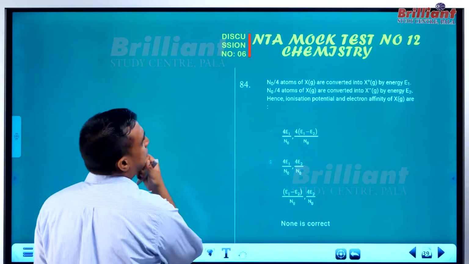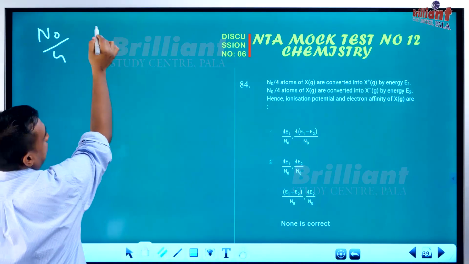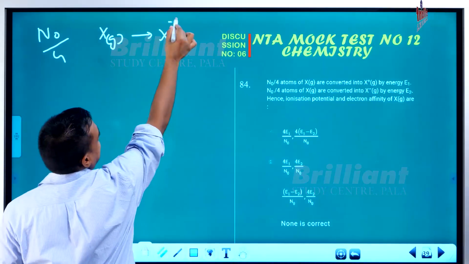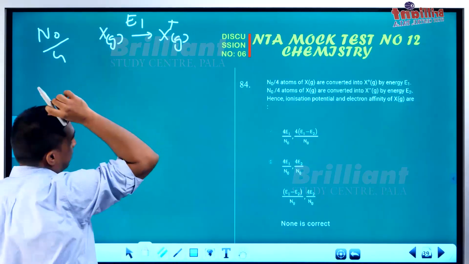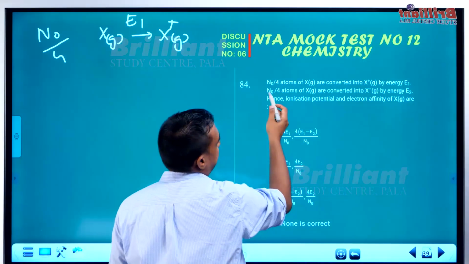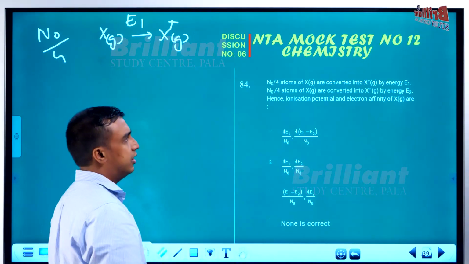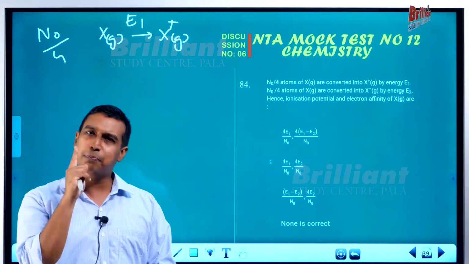Now they have told that N0 by 4 atoms of X gas becomes X plus, and for this the energy is E1. Similarly, X becomes X minus for N0 by 4 atoms, and the energy is E2. Please know, ionization potential and electron affinity are generally defined per atom.